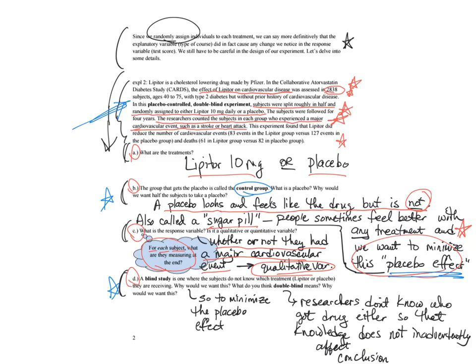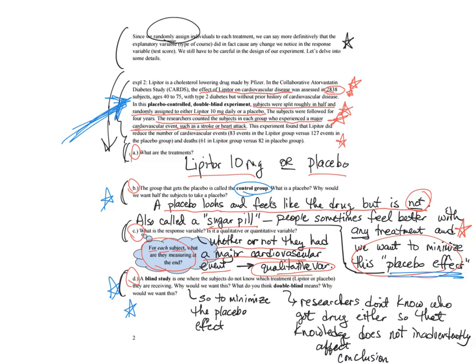And in Part D, they're asking about the word blind. So again, that terminology up there in the paragraph itself talks about double blind. Down here, letter D says a blind study is one where the subjects do not know which treatment, Lipitor or placebo, they are receiving. Of course, that is true because you wouldn't want to tell people that you're getting a placebo.